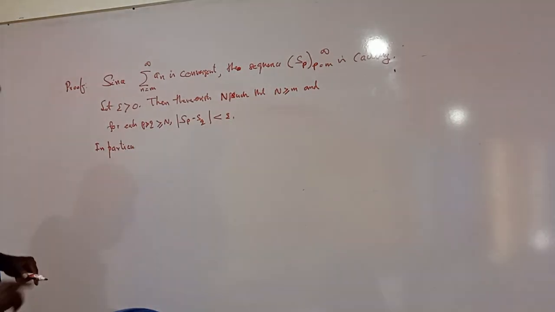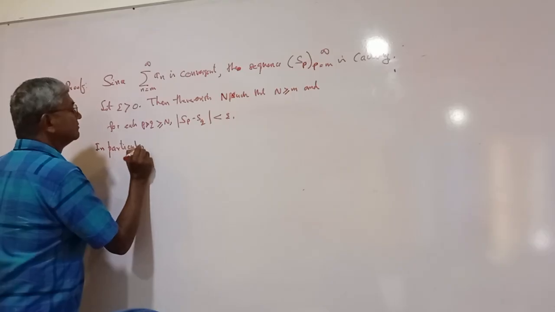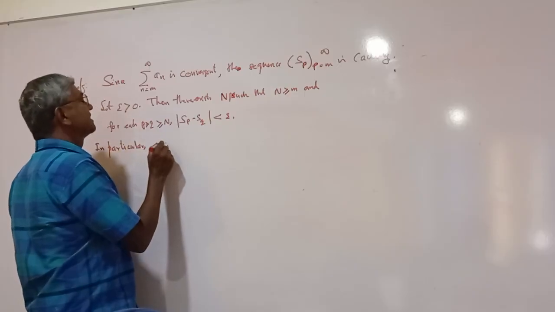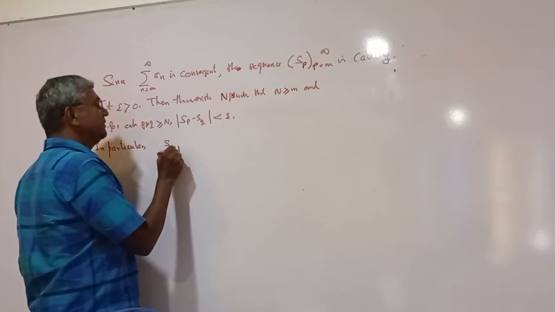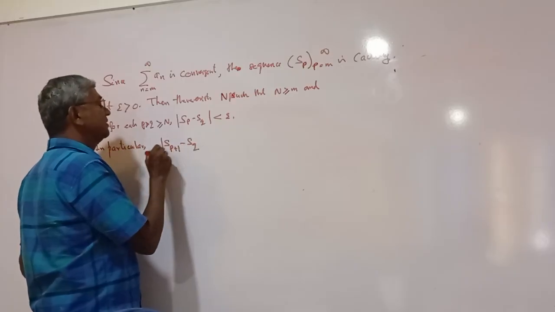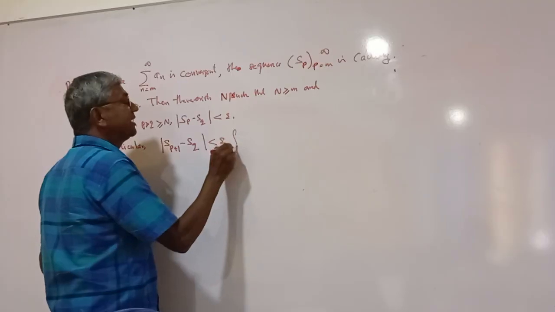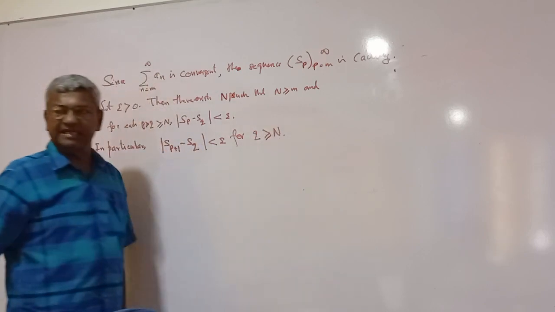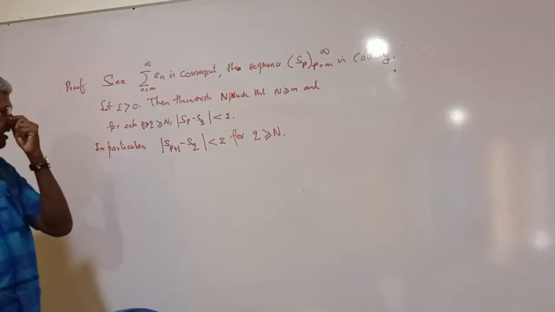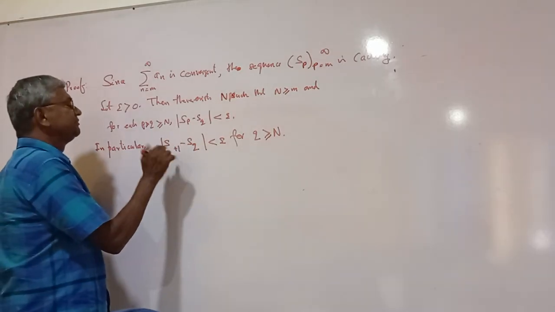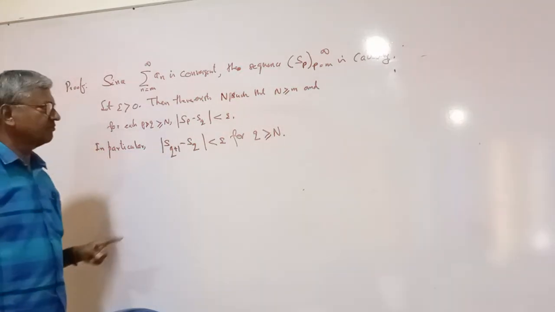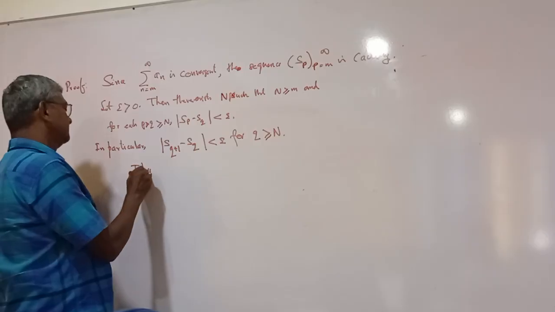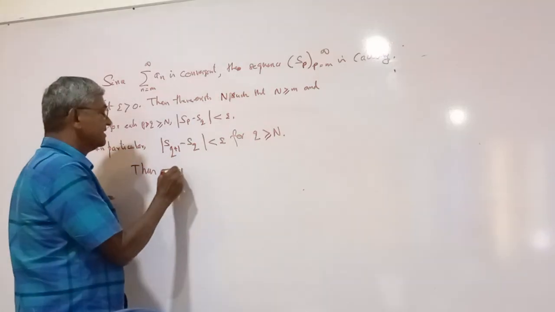In particular, |S_{q+1} minus S_q| is less than epsilon for each q greater than or equal to N. For p, I choose q plus 1. Thus, this minus this is a_{q+1}.